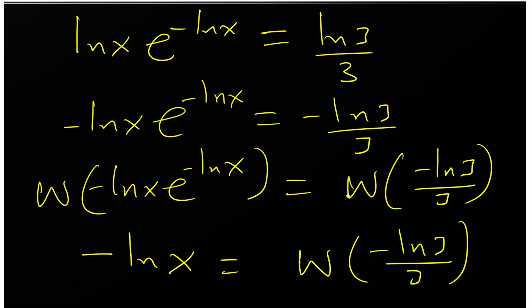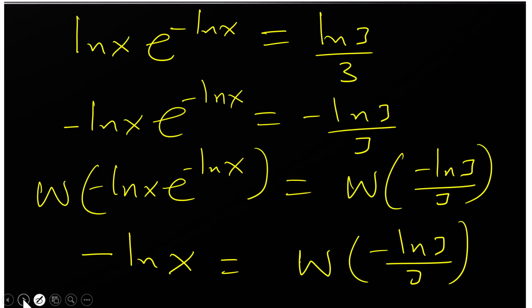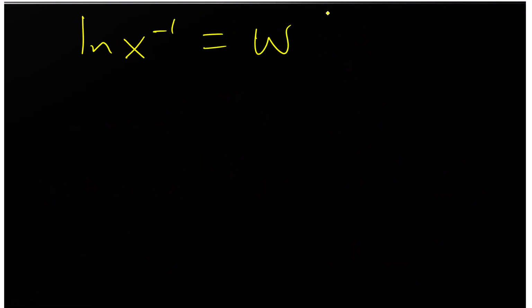Remember the power rule: we have -1 here, so it will come here. That will make this side ln of x to the power -1 equals W function of minus ln of 3 on 3.